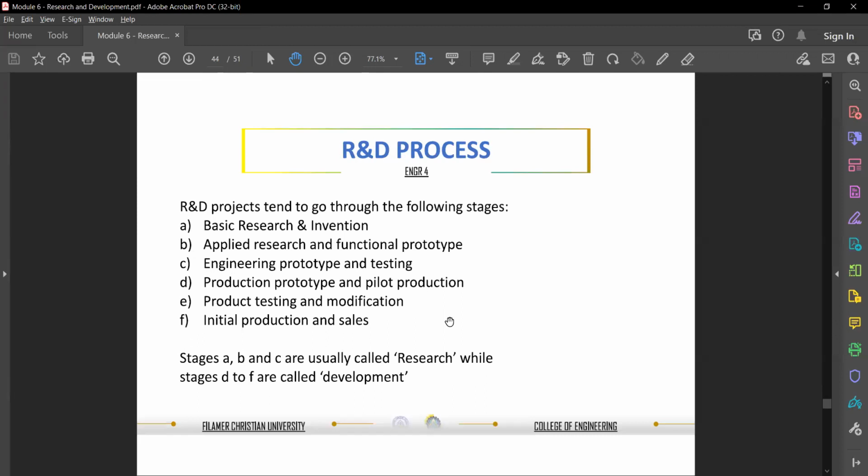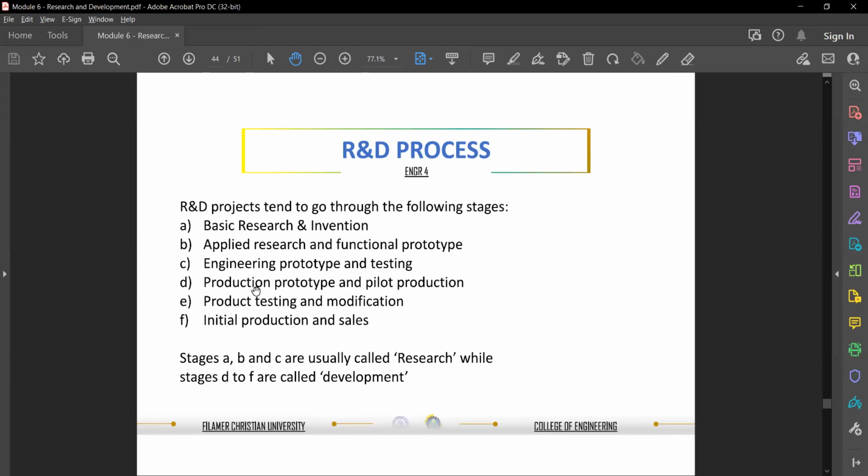Yan. So, yung process naman nila, so the R&D process, so projects tend to go through the following stages. So, ito yun. Basic research and invention, then applied research and functional prototype, then engineering prototype and testing, then production prototype and pilot production, then production testing and modifications, then initial production and sales. So ito yung stages talaga, di ba?